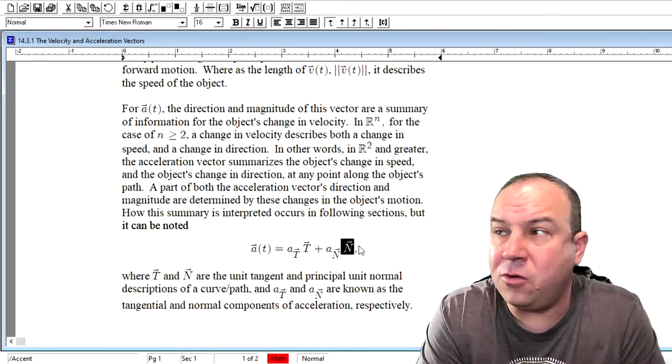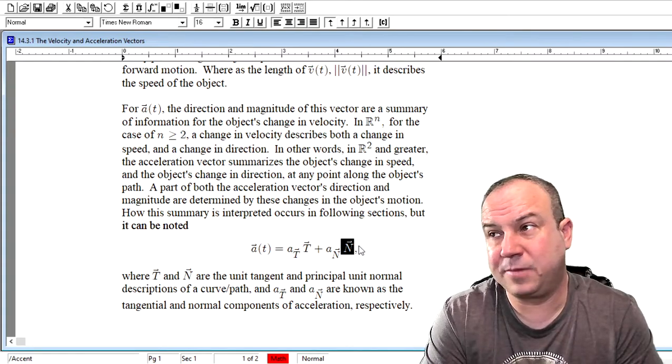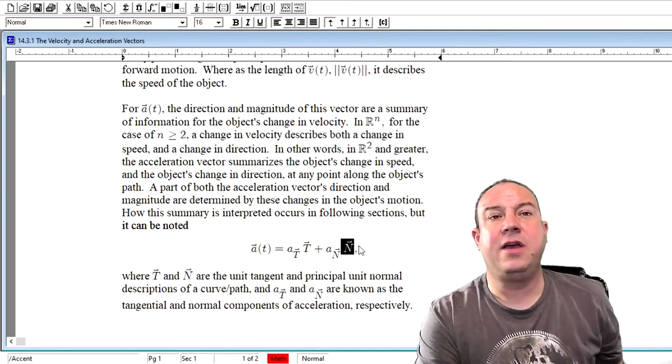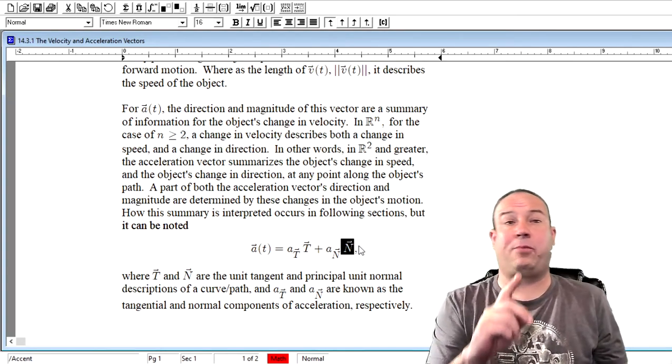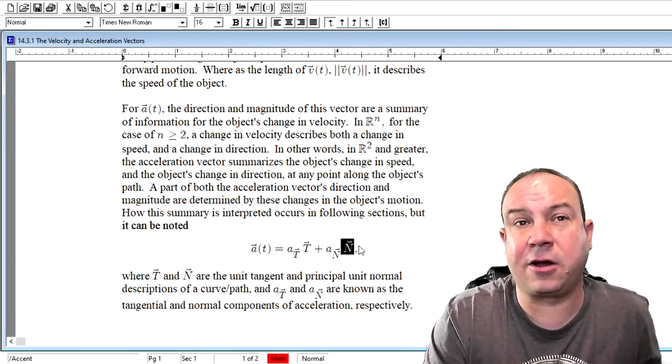And what it's known as is the principal unit normal vector. The unit tangent vector is a vector that's tangent to our curve, 1 unit in length, that points in the direction of forward orientation on that curve.